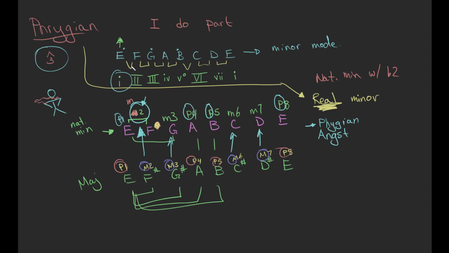And then you hold E and you play it like this. You start making music like that, and that'd be kind of cool. So you can get really dark with your Phrygian angst. So that's another way you can think of the Phrygian scale. What I want to say is natural minor with flat 2, and also all the major intervals have turned to minor.